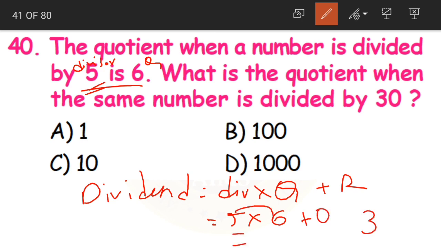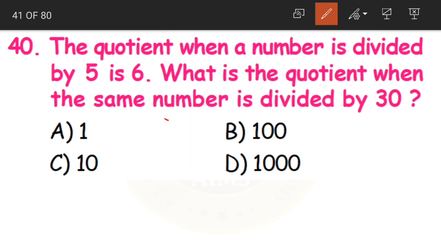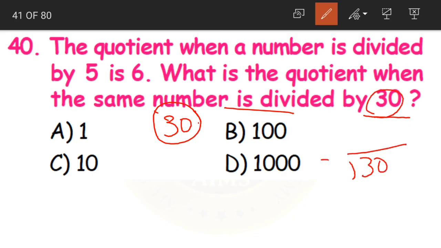So 5 into 6 becomes 30. What is the number, children? The number is 30. The quotient is 6, divisor is 5, and the dividend is 30. So what happens when the same number is divided by 30? Now our number is 30. When divided by 30, what will happen to the quotient? 30 ones are 30. So the quotient becomes 1. Option A.